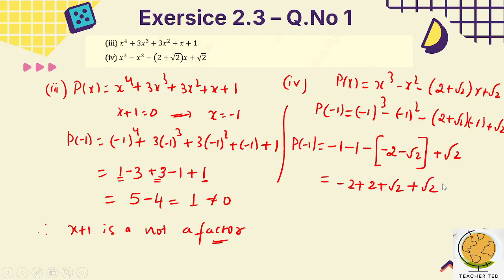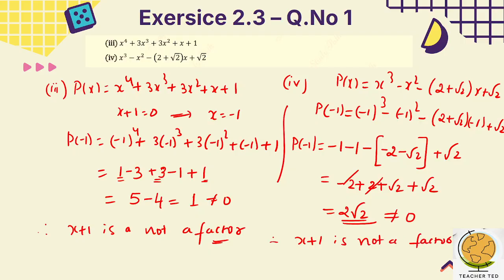So minus 2 and plus 2 get cancelled here, and the remaining thing is root 2 plus root 2. There are two times of root 2, that is 2 root 2, which is also not equal to 0. Therefore x plus 1 is not a factor in this case, not a factor for the given polynomial.